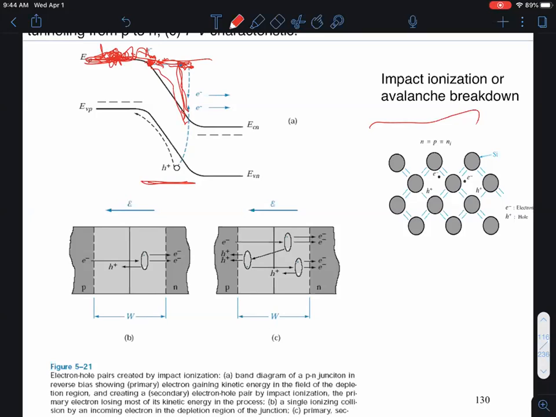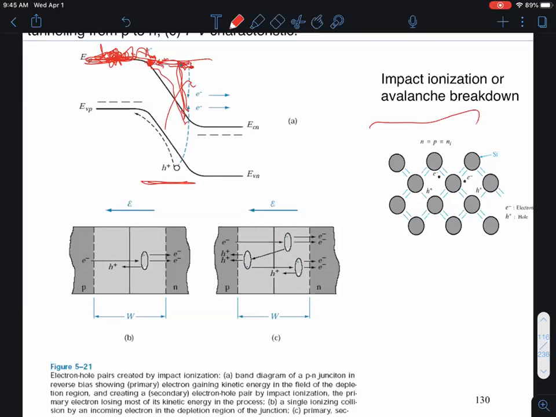Similarly, you'll have hot holes. Now, if this hot electron gains enough kinetic energy from this voltage, energy greater than the band gap, it can bump into one of these covalent bonds in the crystal and break it. Or in terms of the energy band diagram, it can excite an electron from the valence to the conduction band.